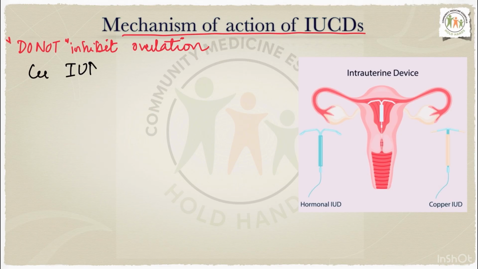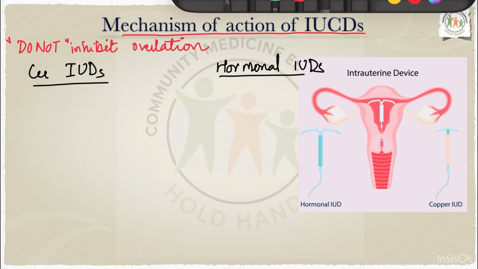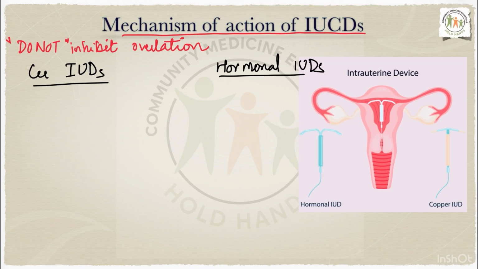Copper IUDs mainly act by producing a foreign body reaction inside the uterus.